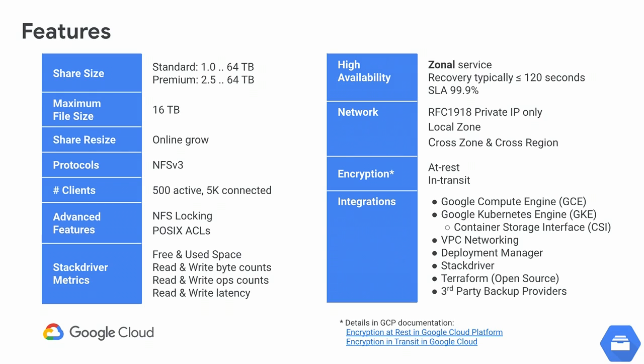And we have Stackdriver metrics and alerts which can automatically fire and do things like webhooks to automatically grow the size, should you want to do that. So you can get a page if you're going to exceed the capacity you think you should pay for as well. We are at about 500 active clients out of about 5,000 connected. That's kind of a small render farm or a small batch workload, or even maybe a mid-size batch workload.